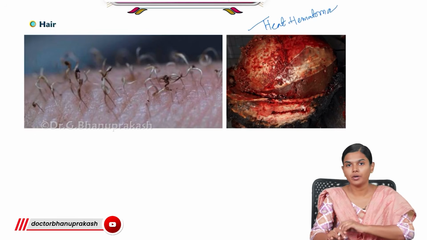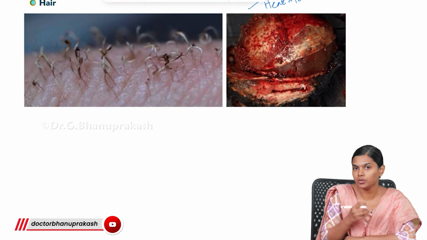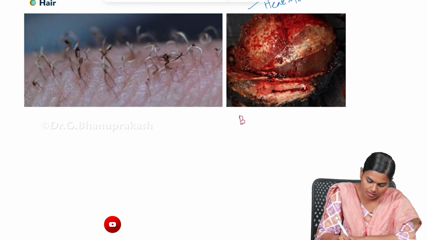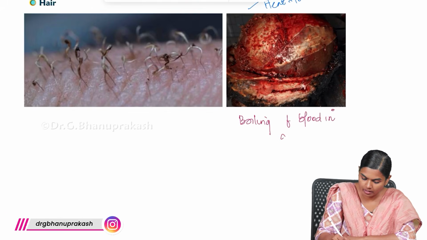So, with this heat hematoma, what happens is that when there is extreme heat, there will be boiling of blood in the diploic veins of the skull.